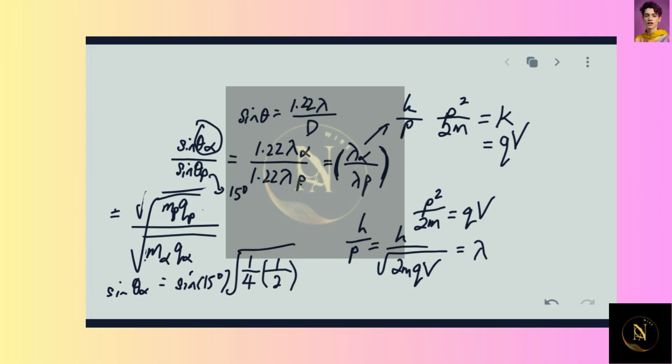After dividing that, we take the sine inverse of this entire expression, and we should get the alpha particle angle to be about 5.3 degrees.